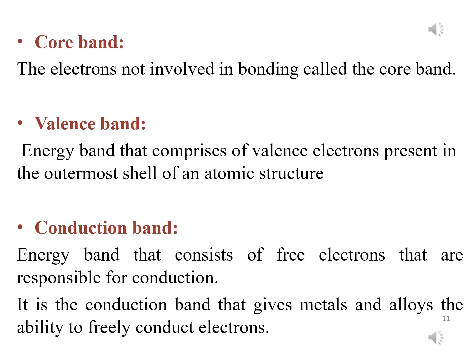The valence band is the outermost shell that comprises valence electrons, and it has a lower energy than the conduction band. The conduction band consists of free electrons that are responsible for conduction, and in metals and alloys mostly these free electrons are able to conduct electricity.